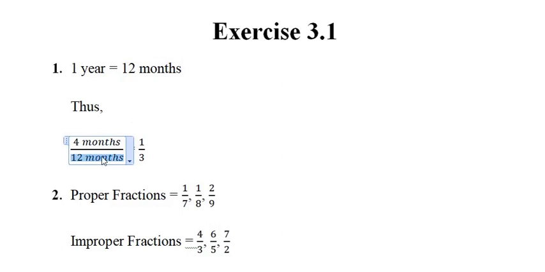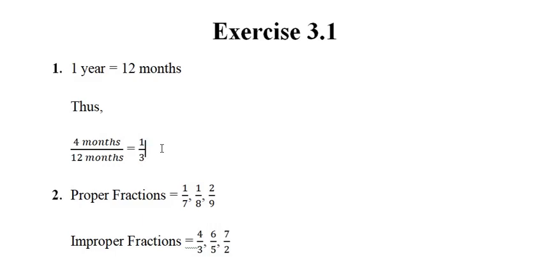When you minimize this, it will be 1/3. How is it 1/3? Because 4 ones are 4, 4 threes are 12, and you just cancel the months together. So it will be 1/3.